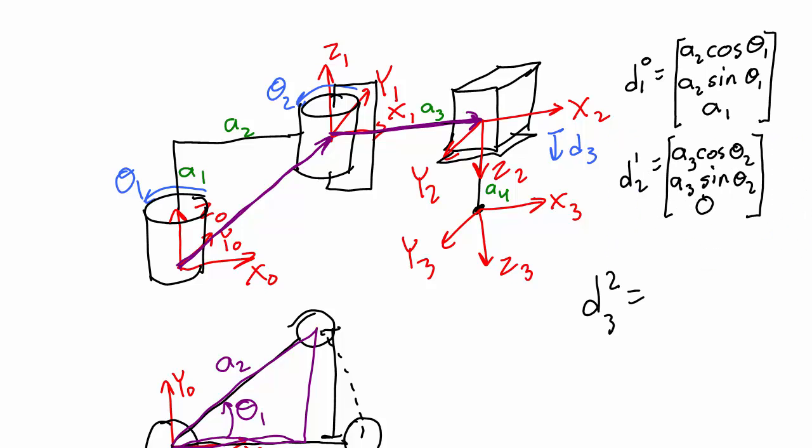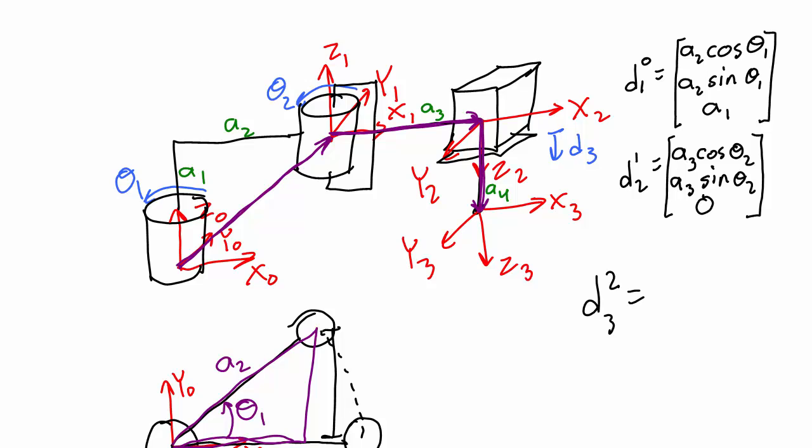The displacement from frame 2 to frame 3 can be seen right here. This appears to be a displacement entirely in the z2 direction. Will that be true even when d3 becomes non-zero? We can see that that will continue to be true no matter what the value of d3 is.